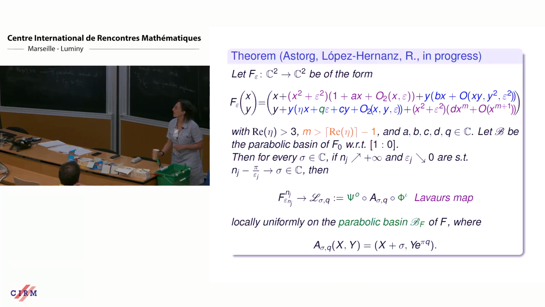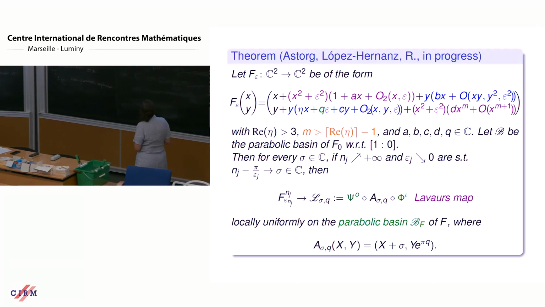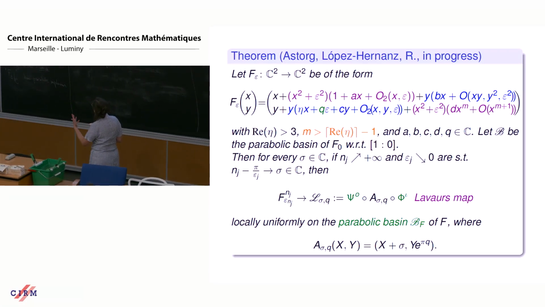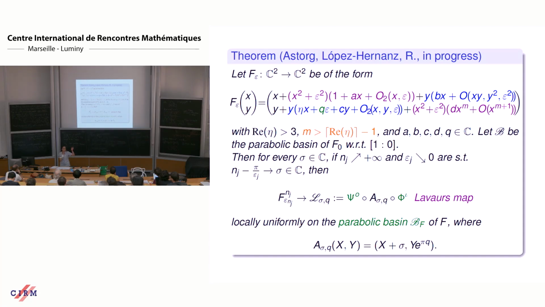It seems that M should be, so the tangency to the parabolic curve should be at least real part of eta minus 2 or minus 1. I never know. It could be equal to minus 2 or minus 1, but for the moment we are not able to make the proof work. So we decided, after trying enough, to kick it out. And that's the statement we get.